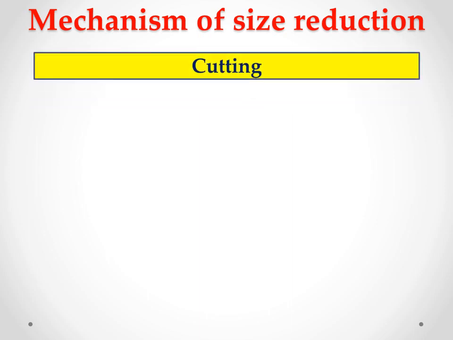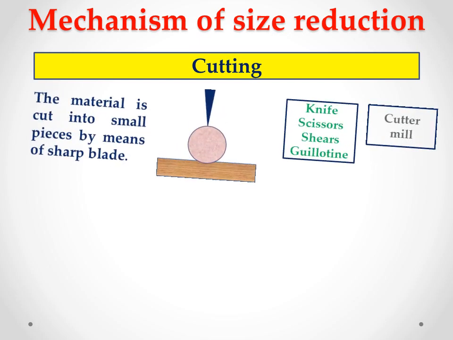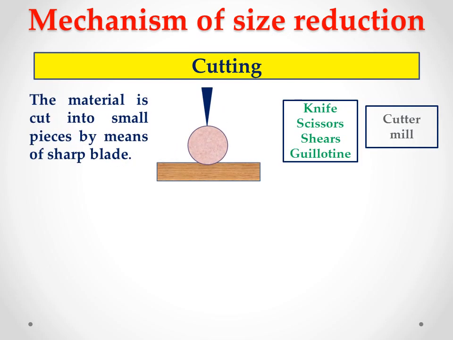Now coming to the different mechanisms of size reduction, the first mechanism is cutting, in which the material is cut into small pieces with the help of a sharp blade, knife or scissor. As we can see in the figure, a sharp blade or knife is cutting the particle. The cutter mill works on the principle of cutting.